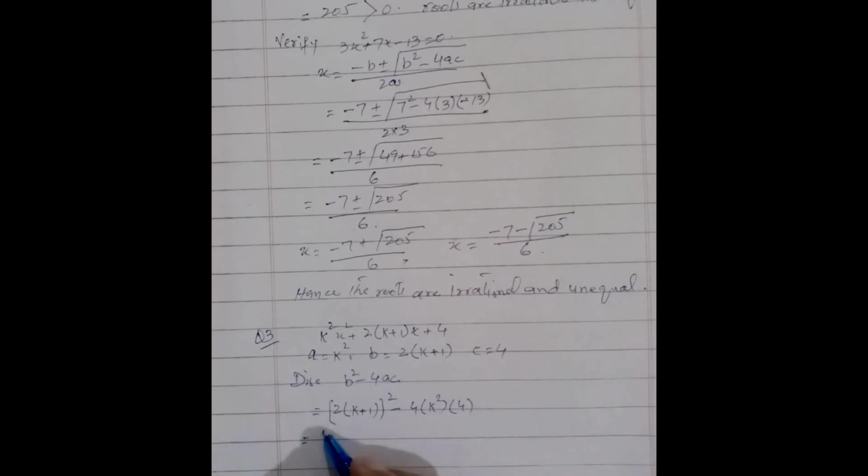Simplify these values, we have 4 into (k plus 1) whole square minus 16 k square.